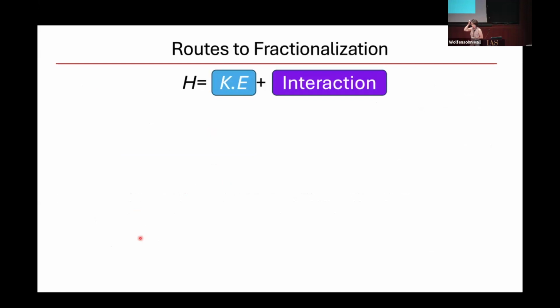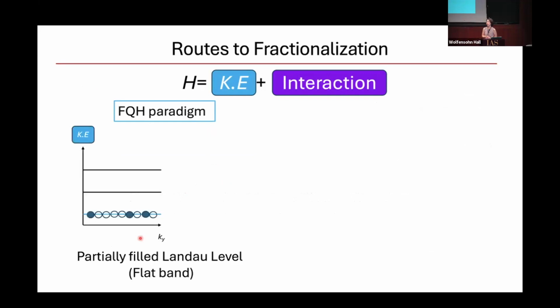All right, so fractionalization. We think about correlated systems, which have kinetic energy and interaction energy. A very well-established paradigm for thinking about fractionalization is that of the fractional quantum Hall effect, where you first think about kinetic energy or free electron physics.